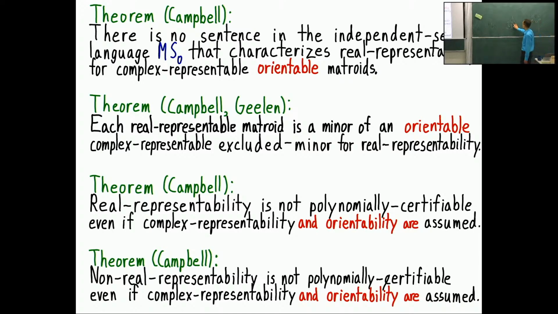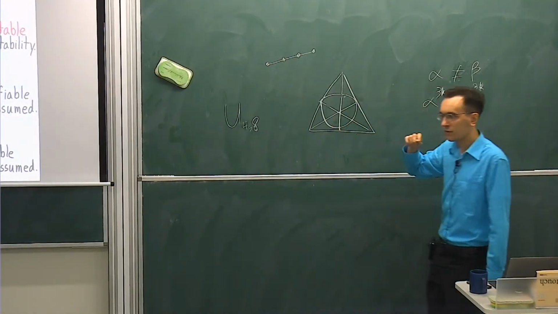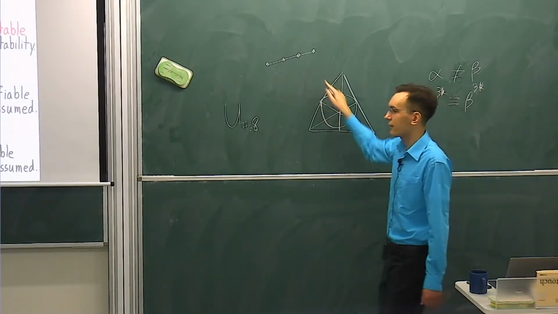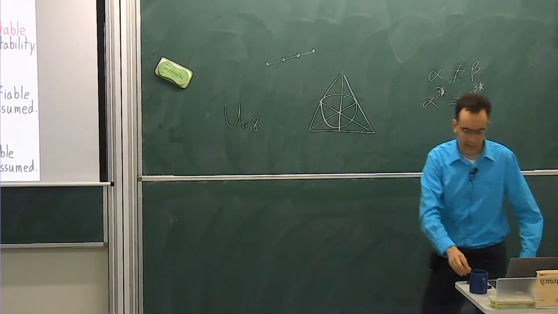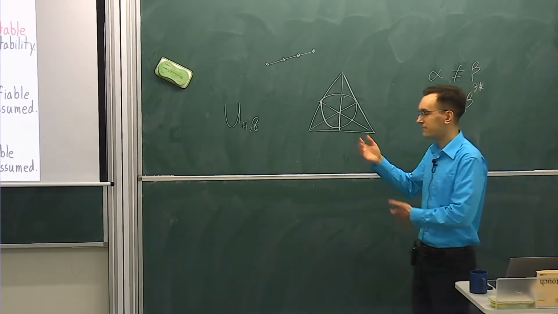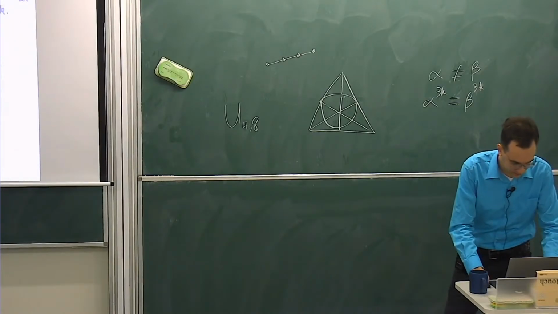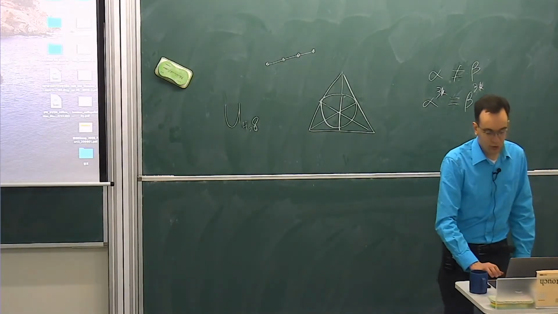To be binary and orientable, you have to have both of these as excluded minors, and I guess the non-Fano as well.